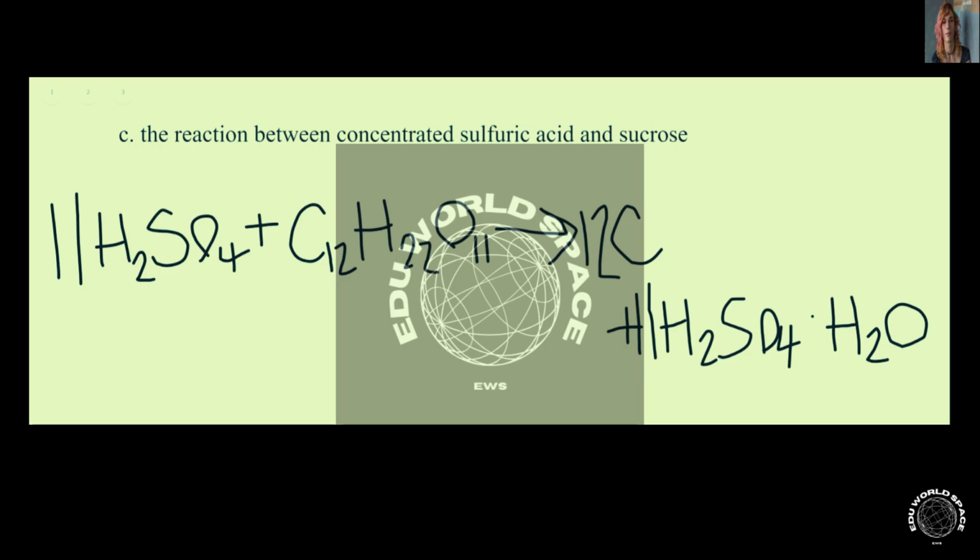And we know the formula for water is H2O, so H2O times 11 would give us H22O11. So it's going to be 11. So we have 11 water molecules. And if we have 11 H2SO4 hydrates, then we started out with 11 H2SO4. So the balanced equation is 11 H2SO4 plus C12H22O11 yields 12C plus 11 H2SO4·H2O.